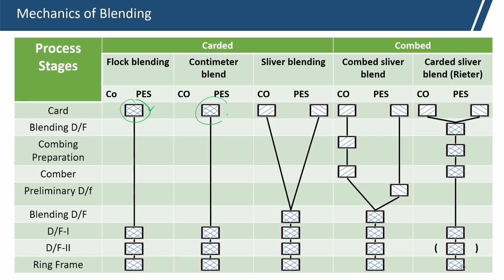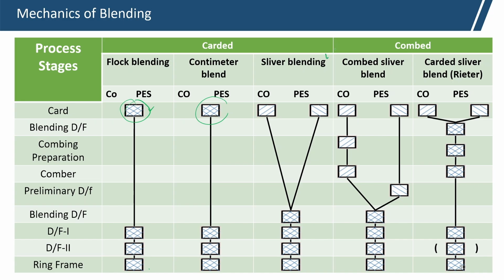So, at this stage the blending took place. Now, flock blending here, then it goes to the draw frame, ring frame in this fashion. Now, in contimeter blending, at the carding stage it is blended just at the back of the card, in the chute feeding, this blending takes place, and then the process goes on, draw frame and carding.